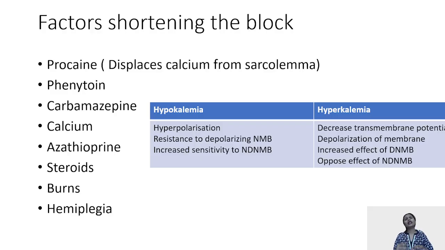And yes, there is some dilemma whether it leads to shortening of the block or not, but still people consider them one of the factors of shortening the block of the neuromuscular agents. The most important of them are anti-epileptic drugs and your calcium.